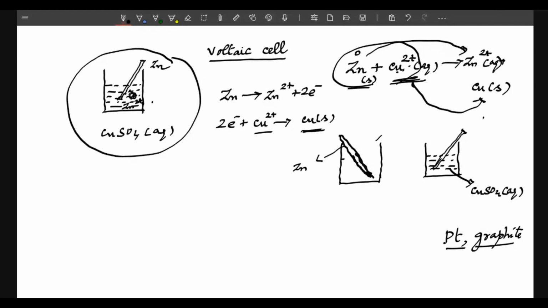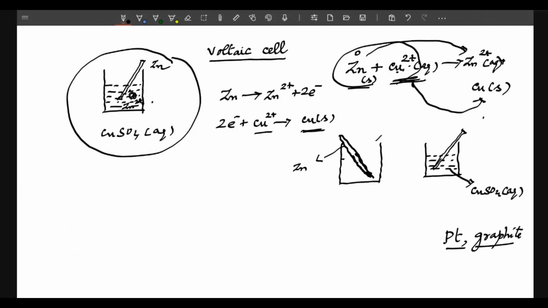Therefore, a solid metal should be there. Iodine is a non-conductor. Therefore, though it is a solid, it cannot be used as an electrode. In such cases, either platinum or graphite should be added as the electrical conductor.